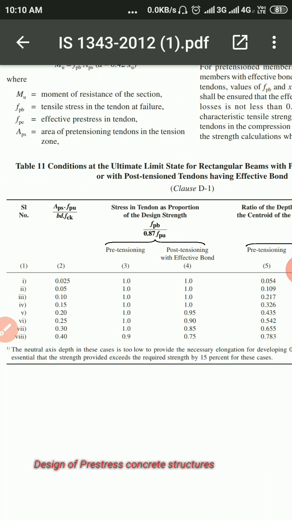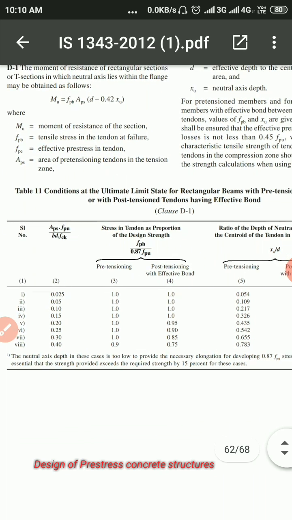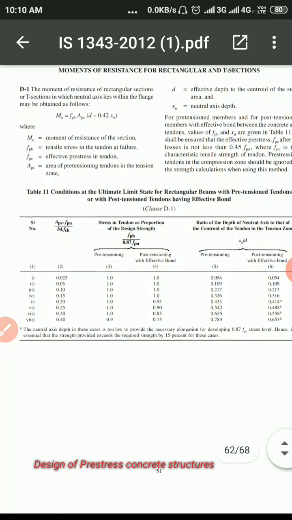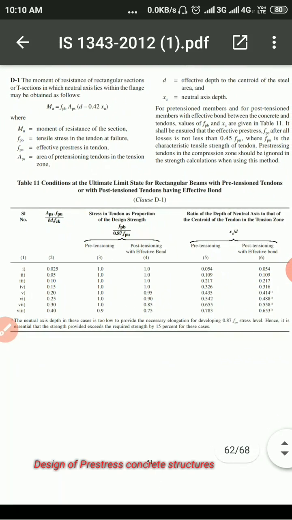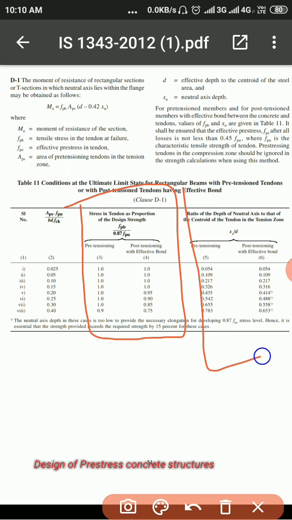Now we'll see table 11. It gives the conditions at the ultimate limit state for rectangular beams with pre-tension tendons or post-tension tendons having effective bond. Here they have provided two separate columns: one for stress in tendons as a proportion of design stress, that is the FPB value, and the other is the XU value.